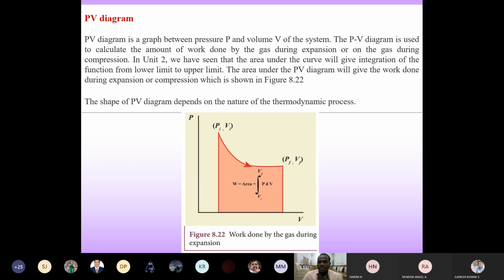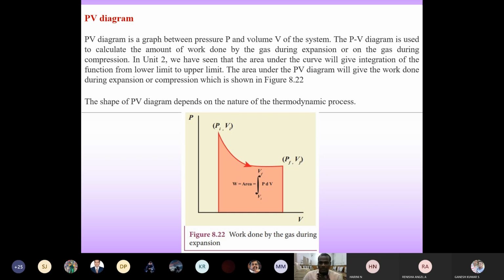Keep in mind the work done can also be calculated by calculating the area under the curve. So we can draw the PV diagram.